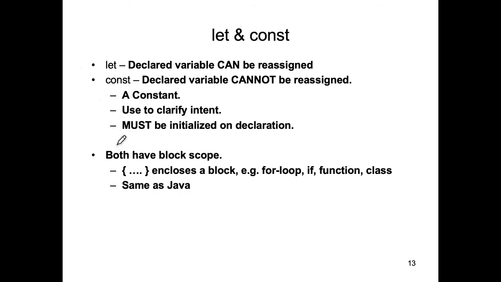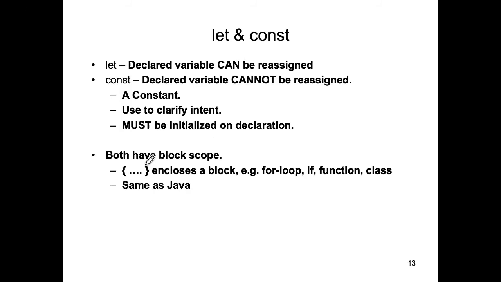This is kind of back to the question that you just asked me there. Both of these variables, whether it be a let or a const variable, have what's called block scope. A block is any segment of code that is enclosed in curly braces. Again, if you come from a Java background, you know that curly braces are used a lot within Java for encapsulating a block of code.